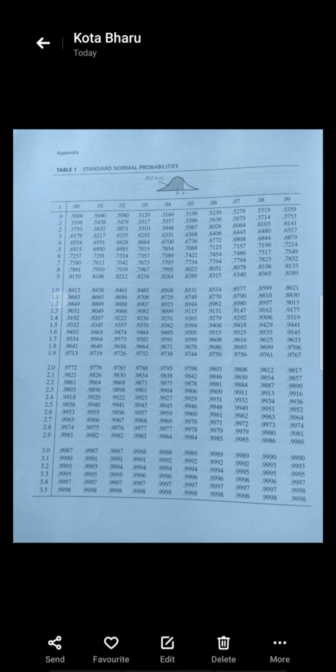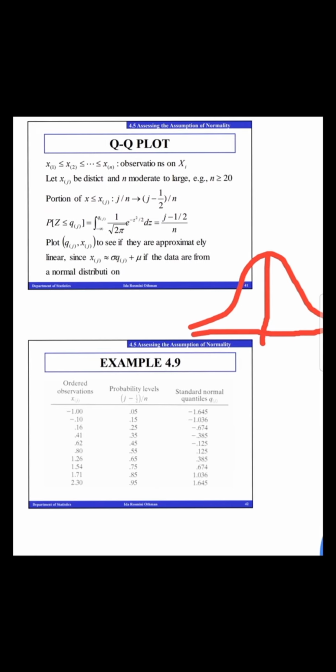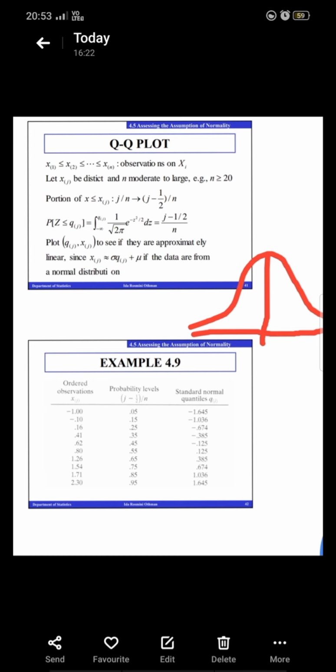0.85 kat mana? So antara ni, kan, 1.03 or 1.04 sebenarnya, kan. Okay, but the exact value actually adalah negative 1.036. Kenapa negatif? Because of nilai dia punya probability tadi adalah less than 0.5.